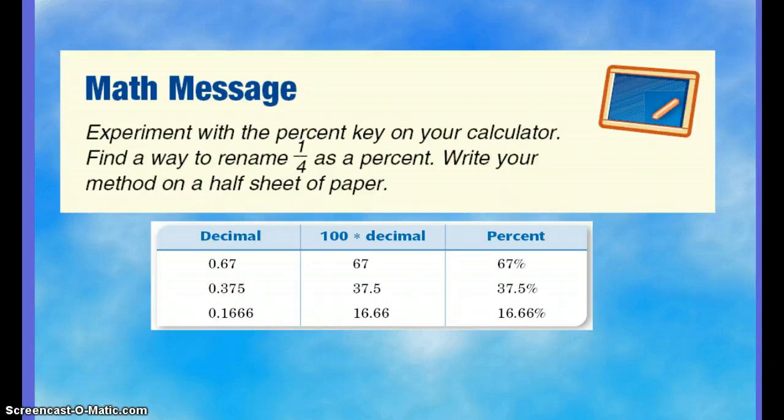Look at the next one. Same thing. If I am looking at 0.375, to change that to a percent, I'm moving over 1, 2 places for 37.5%. And again, if I move it over 2 places to the right, sorry for my lines, it's 16.66, which is 16.66%.